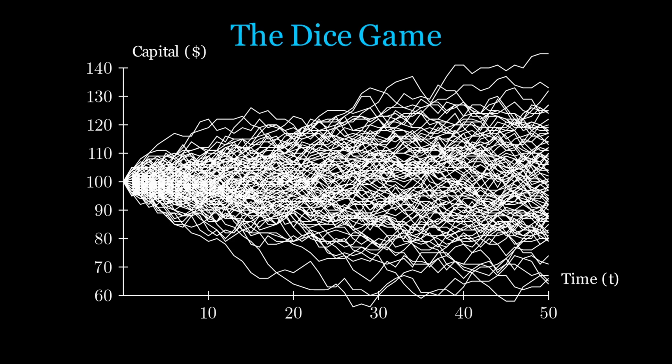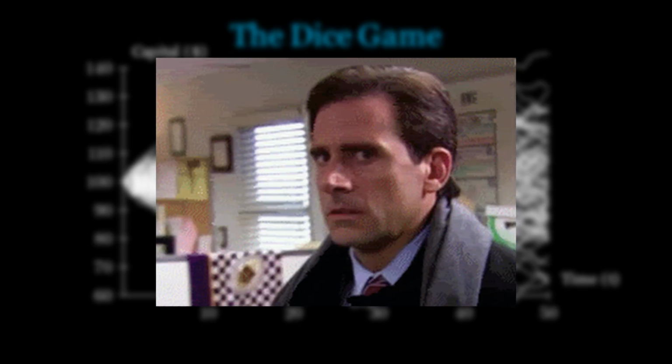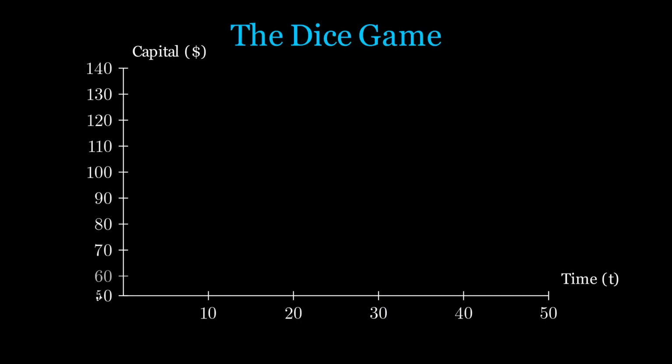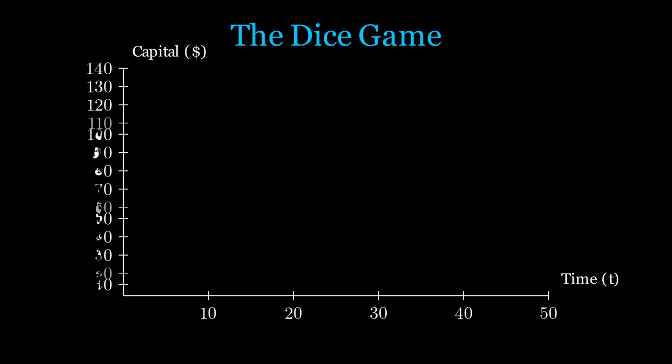Just for fun, let's give the house some edge. Maybe an entrance fee of $8 instead of $7. We'll just extend our y-axis down here. Maybe some more. Okay, I think that's good.